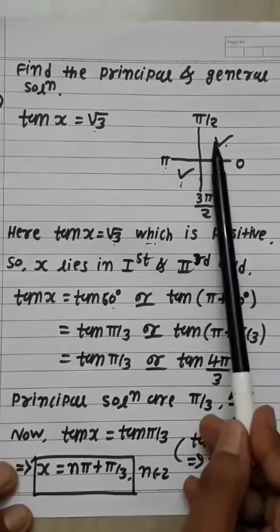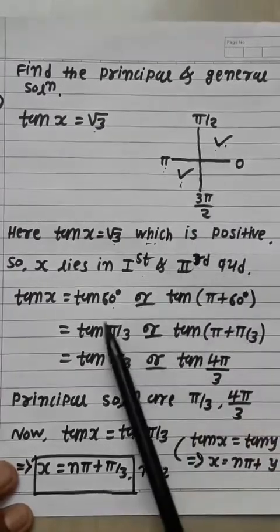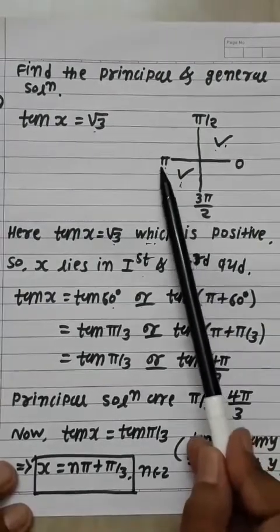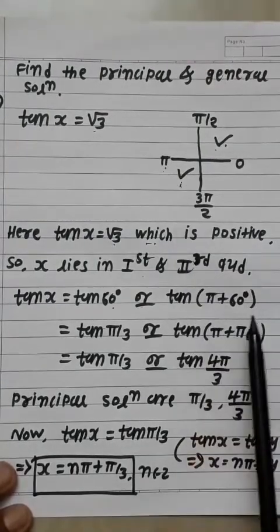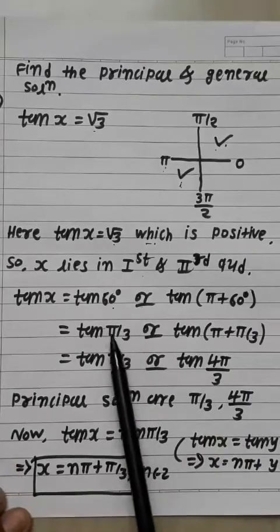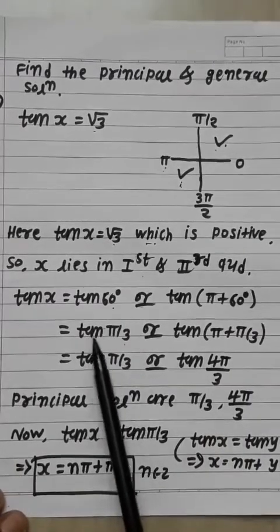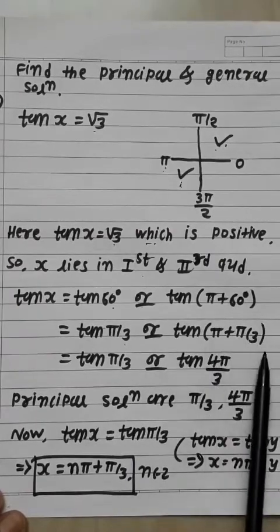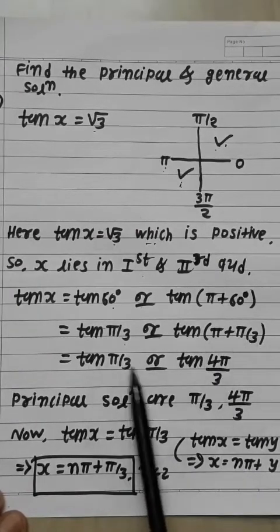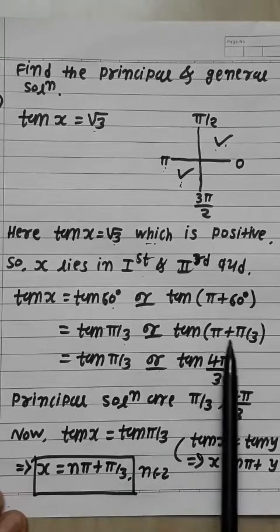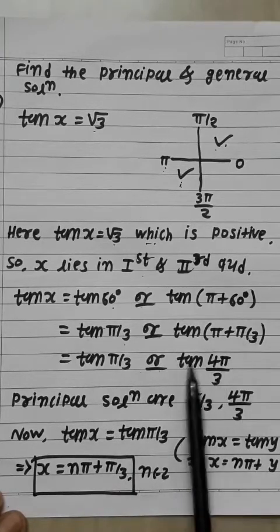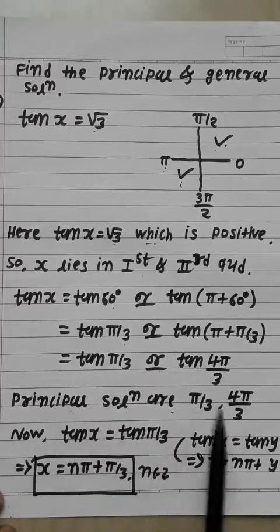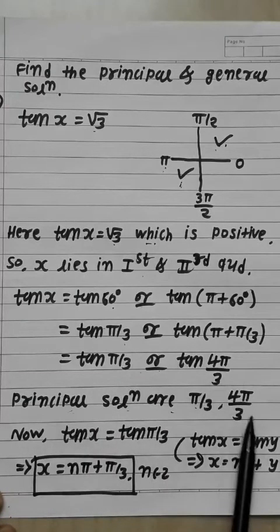So in the first quadrant we can write this value directly, tan 60 degree, and in the third quadrant we write pi plus 60 degree. Now 60 degree means pi by 3. So here we can write tan pi by 3, or tan of pi plus pi by 3. Simplifying this term by taking LCM, we get tan 4 pi by 3. So the principal solutions are pi by 3 or 4 pi by 3.